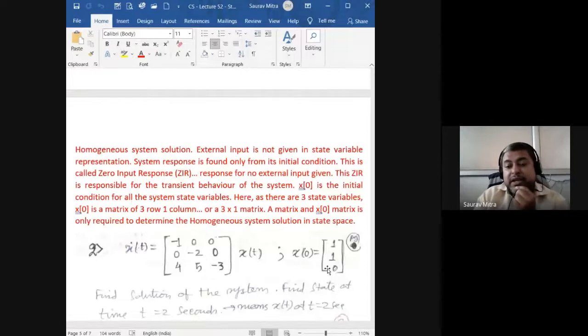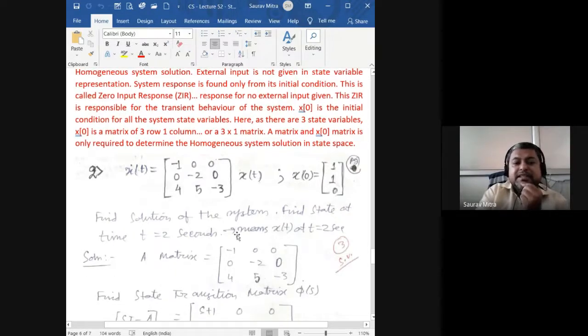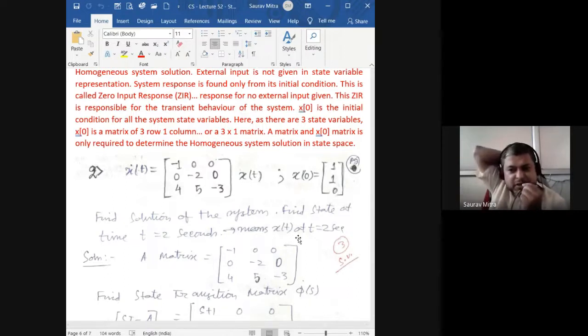If we are given x0, or if we know the A matrix, we can find the solution of this homogeneous system. So find the solution of this system, and find the state at time t is equal to 2 seconds. After you find the state transition matrix, multiply it with the initial condition, and you get the solution of this homogeneous system.